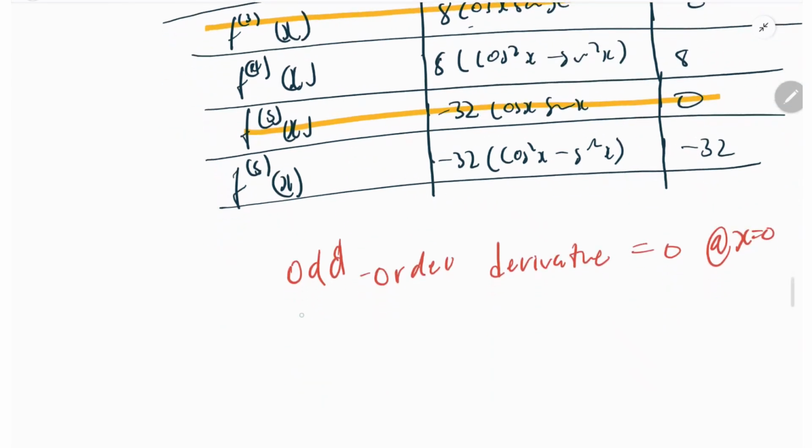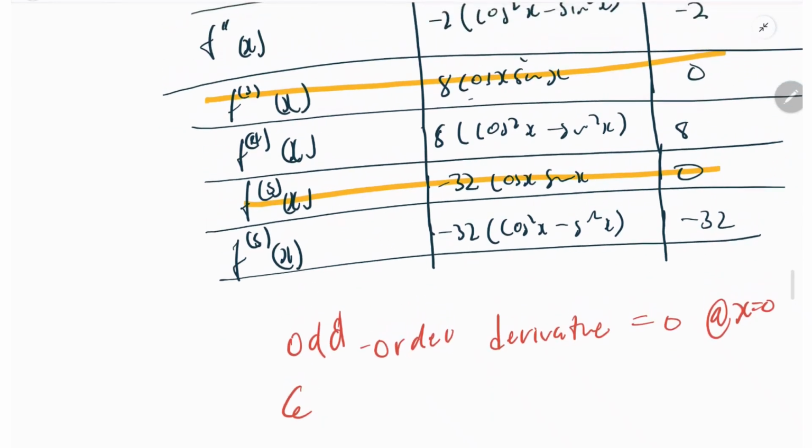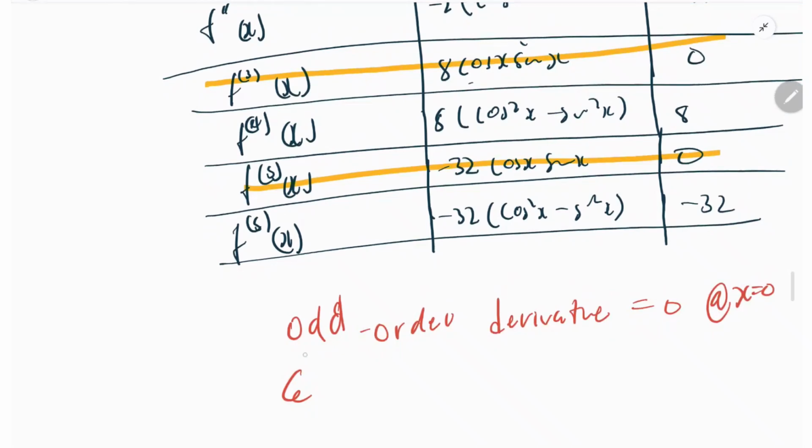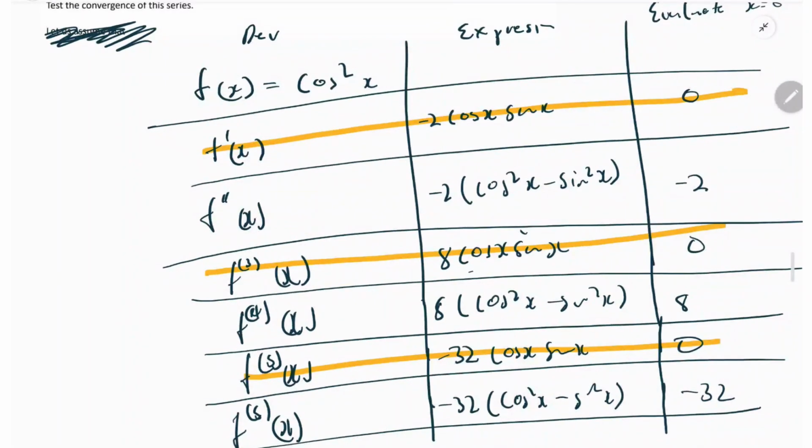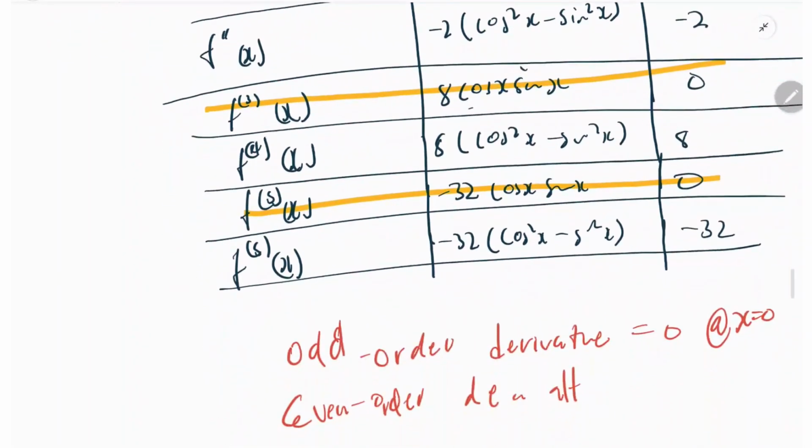And then another observation: even order derivatives have alternating sign, right? We can see it was negative, it was positive, it was negative. So we hope that continues like that throughout.